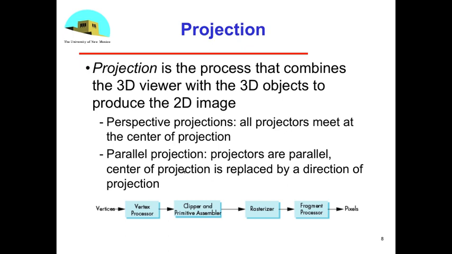In the parallel projection, all the projectors are parallel to each other, so we have a direction of projection instead of a center of projection. But that step is also done as part of this vertex processing before it gets to the rasterizer, because we're going to go from 3D, and eventually the rasterizer is going to work in 2 dimensions, and we'll see that later. But what goes on here is changes of coordinate systems, one of which also occurs as part of the projection process, and puts things in a coordinate system called clip coordinates, which the rasterizer can use.